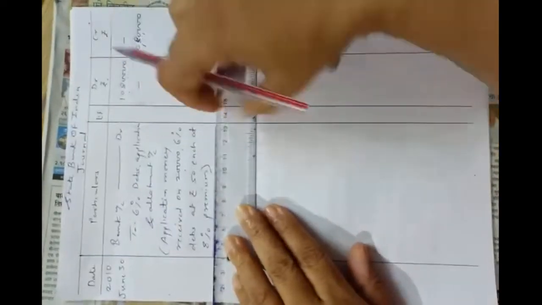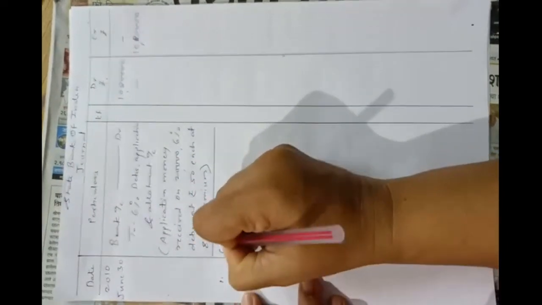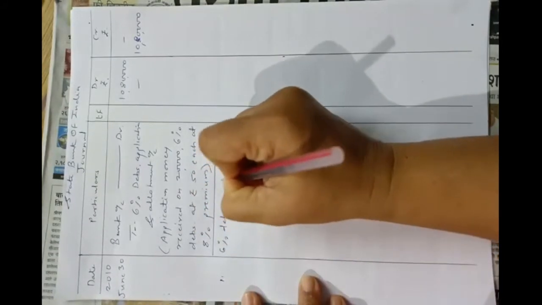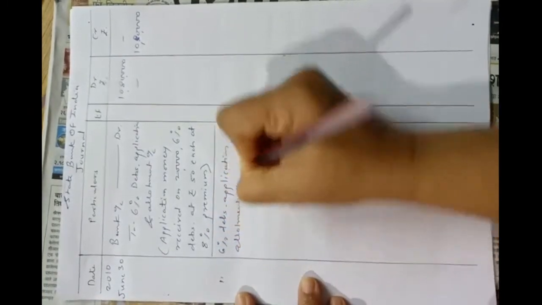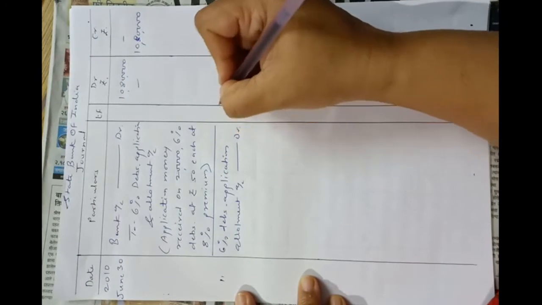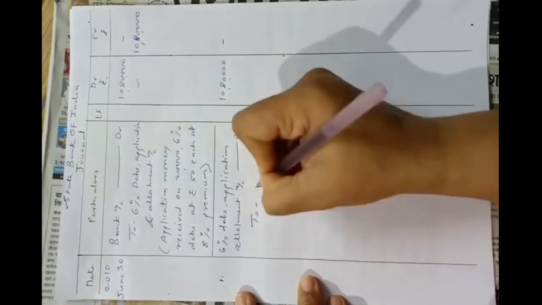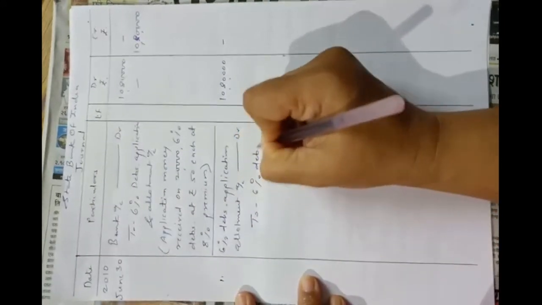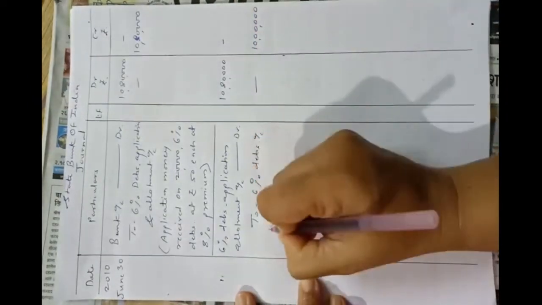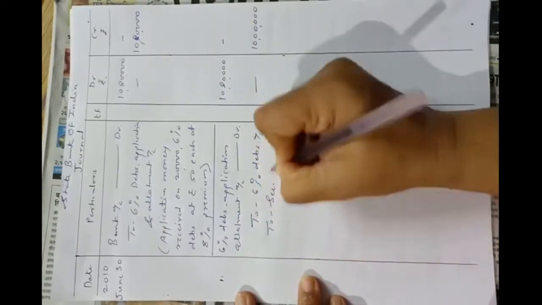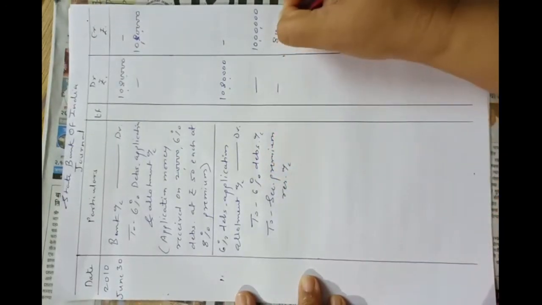Now next entry will be of transfer of application money on the same date, that is on 30th June. 6% debentures application and allotment account debit 10 lakhs 80,000 to 6% debentures account 10 lakhs to securities premium reserve account 80,000.